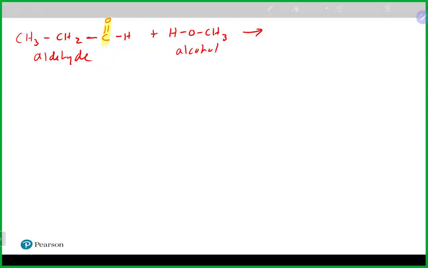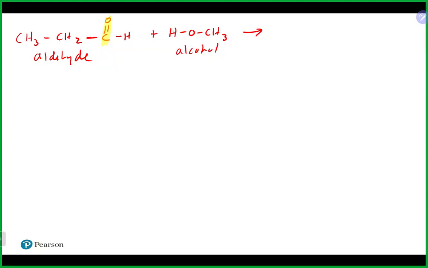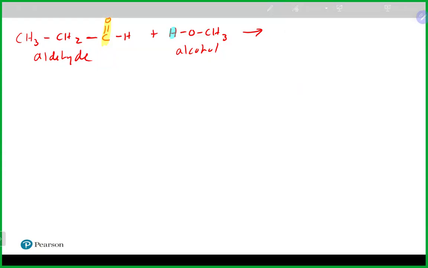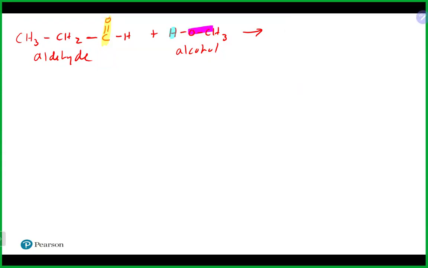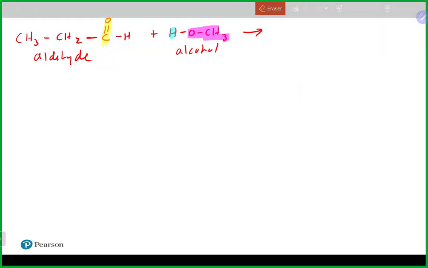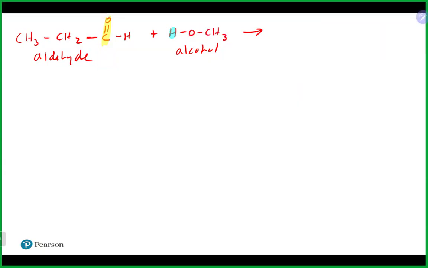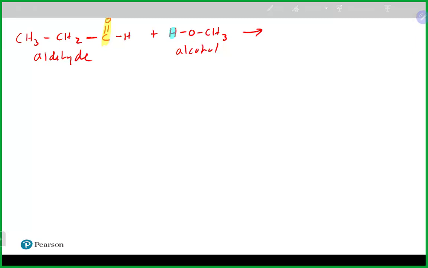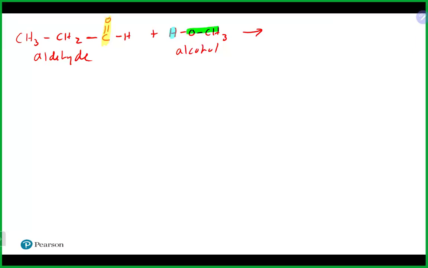And this alcohol is actually going to add in two parts. We will add a hydrogen, and then we will actually add the other part of the alcohol, which is this oxygen carbon group. Maybe not the best choice there for highlighting. Try a different color, maybe. Green, maybe. And we're going to add this guy here. So that is how the alcohol is going to add.